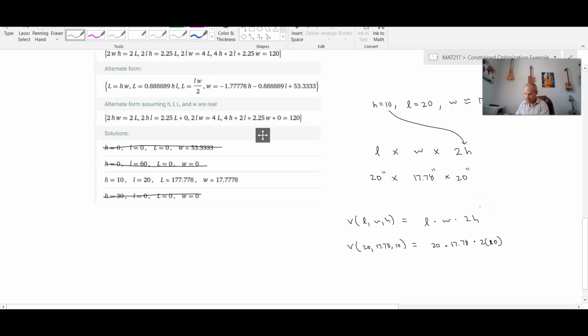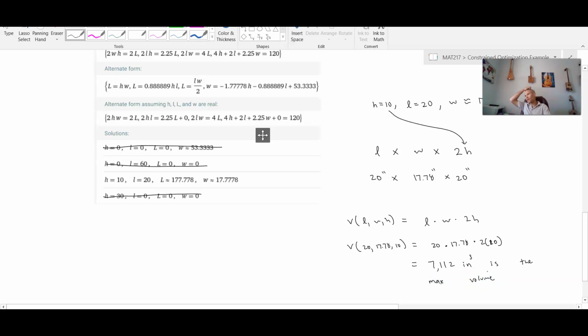And we can plug that into our calculator. 20 times 17.78 times 20 comes out to 7,112. Okay, and that's going to be inches times inches times inches, which will give us inches cubed, or 7,112 cubic inches is the maximum volume.